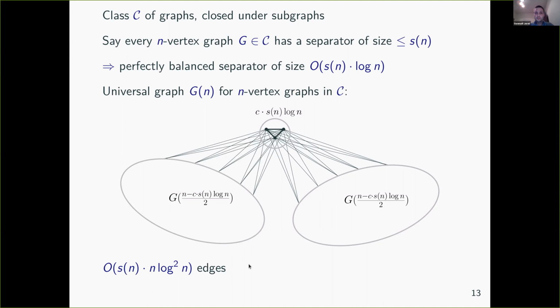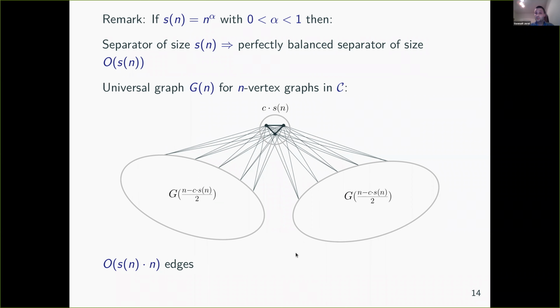And for good measure, since I already mentioned the case of planar graphs where you have root n separators, I should mention that if you have separators which are a bit bigger but still strongly sublinear, like n to the alpha, where alpha is strictly between 0 and 1, so think of root n, for instance, well, in that case, the log factors disappear. They are amortized because you have a geometric series. So when you do the argument for perfectly balanced separators, you get one of size big O of s of n.